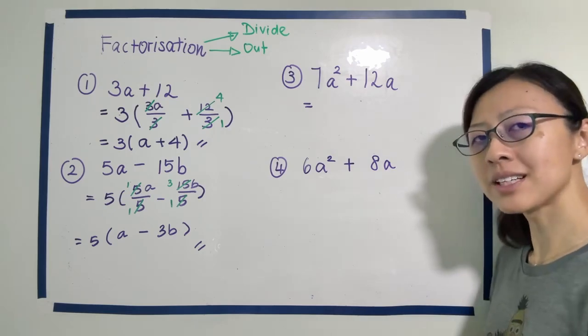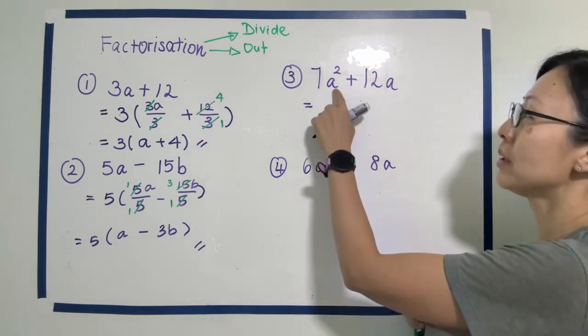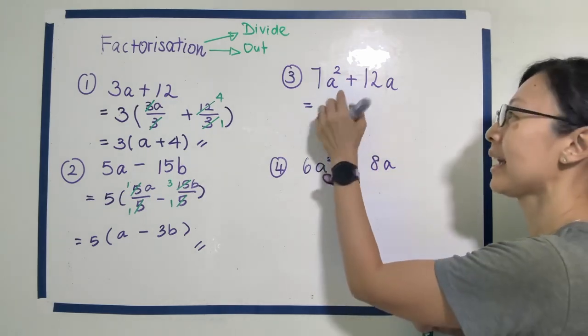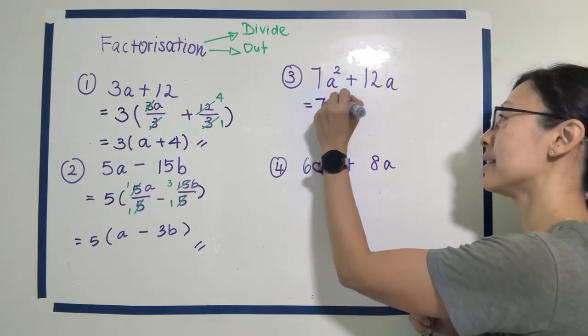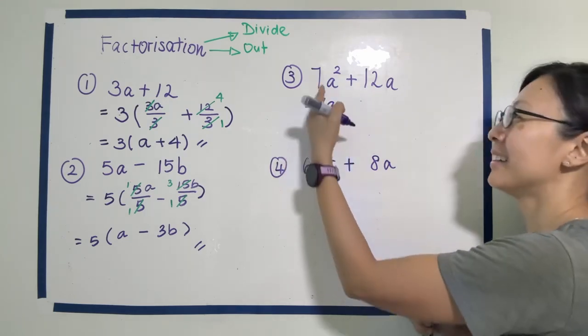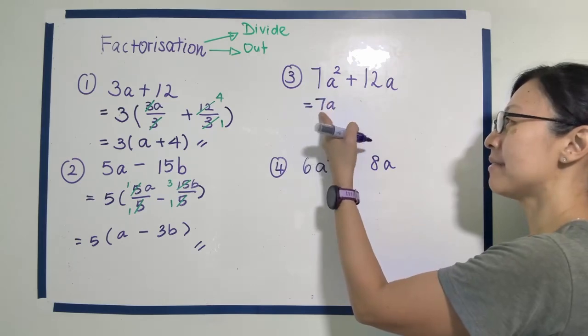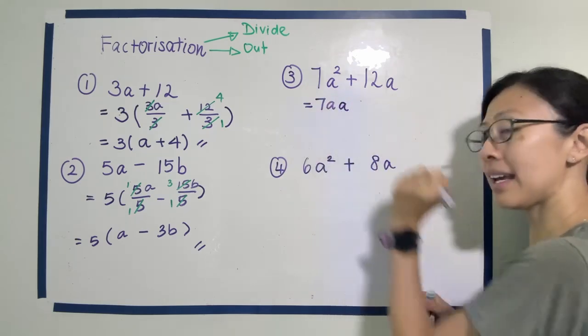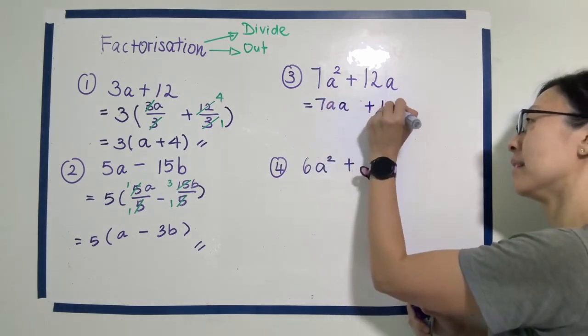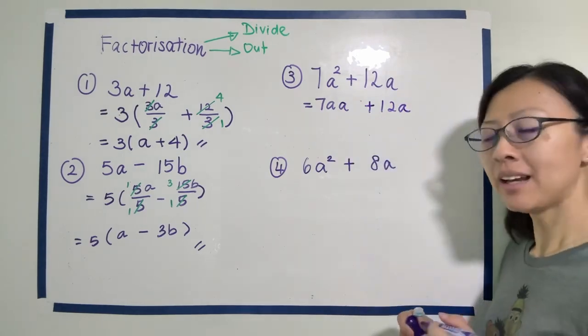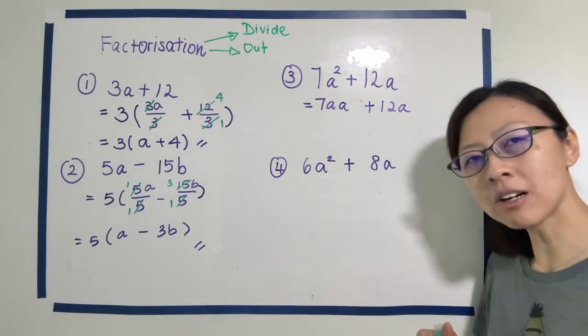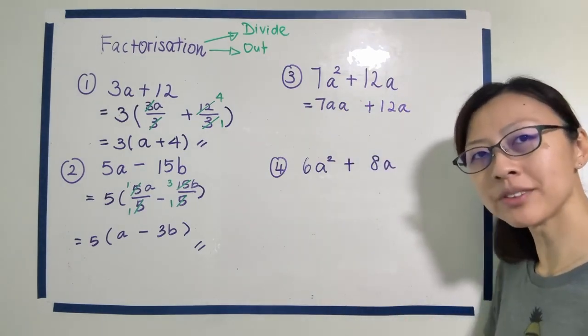How does this actually look like if we were to break a squared down? A squared can be written as a multiplied by a. So 7a squared is 7a times a plus 12a. Now can we see something that is in common with regards to the variable?